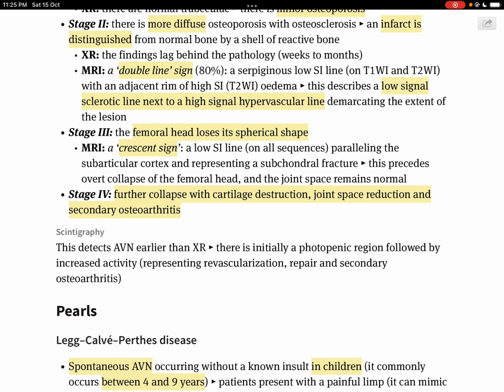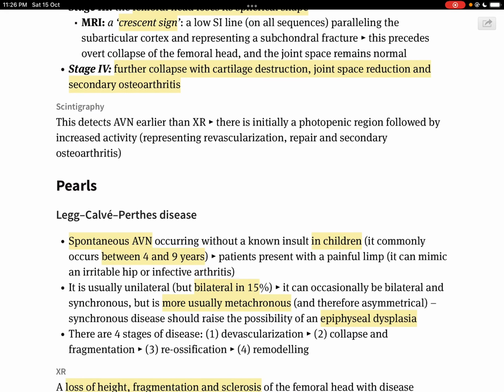The crescent sign precedes overt collapse of the femoral head, and the joint space remains normal. In stage 4, there is further collapse with cartilage destruction, joint space reduction, and secondary osteoarthritis.